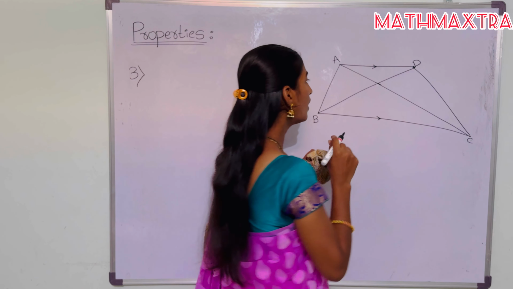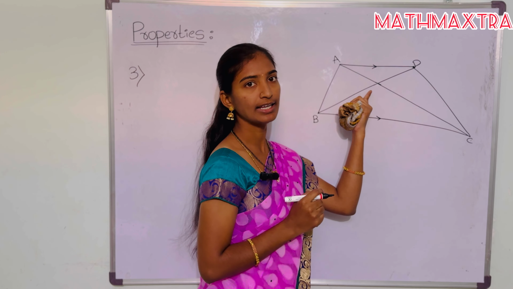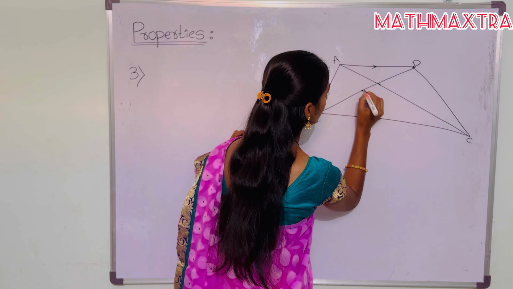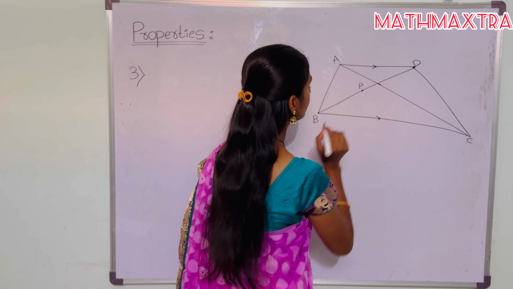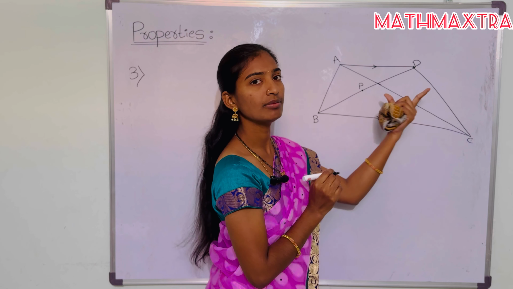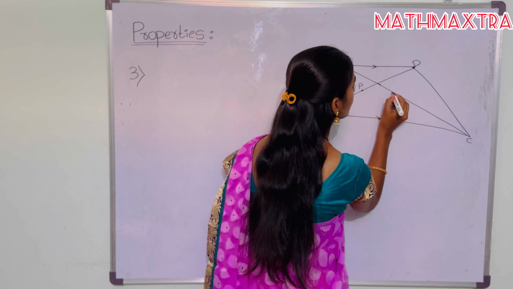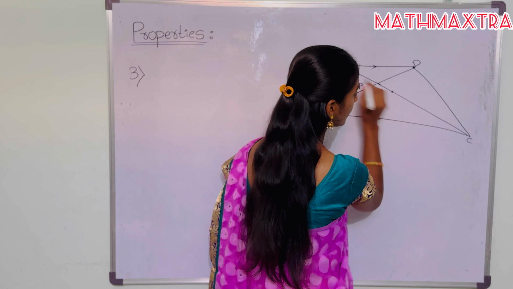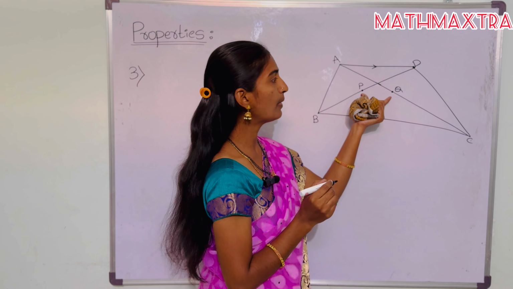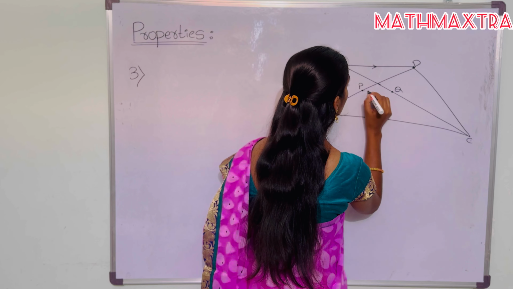Now I am taking the midpoint of the diagonal BD, which is exactly here, P. I am taking the point P, which is nothing but the midpoint of the diagonal BD. And I am also taking the midpoint of diagonal AC, which is Q. These two are midpoints of the diagonals of a trapezium. I am joining these two midpoints.